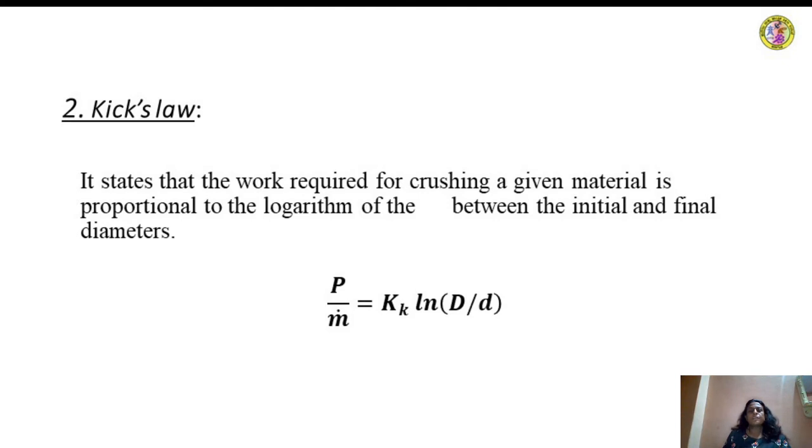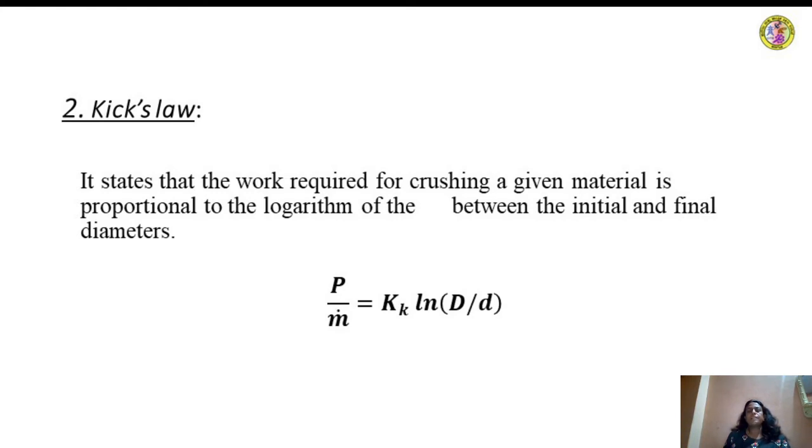Let us now recall the statement of Kick's law. It states that the work required for crushing a given material is proportional to the logarithm of the ratio between the initial and final diameters. So according to this statement, the mathematical equation for Kick's law is P by m dot equals Kk ln D by d. Here D by d represents the ratio of the initial and the final diameters of the material.